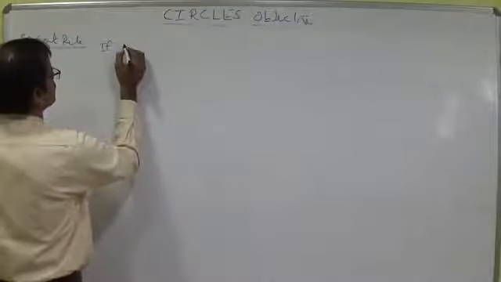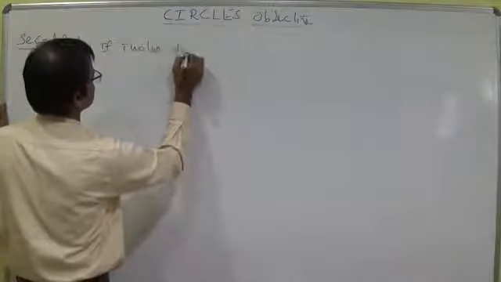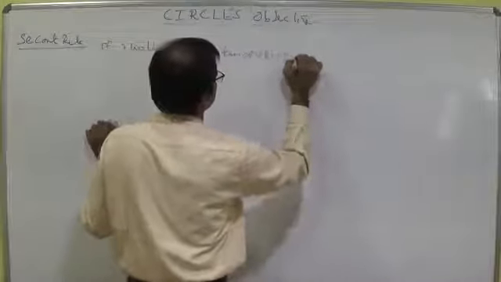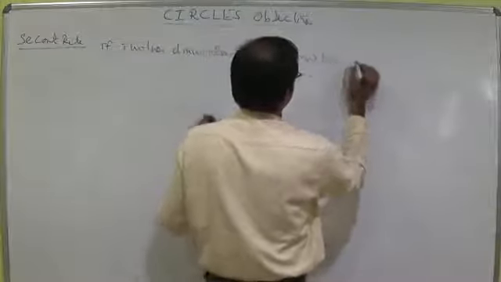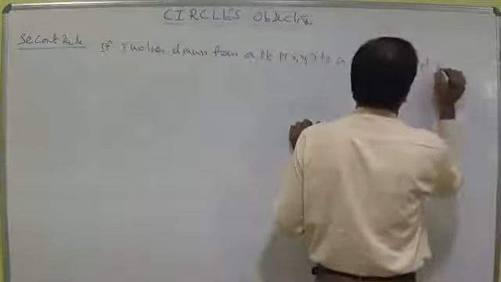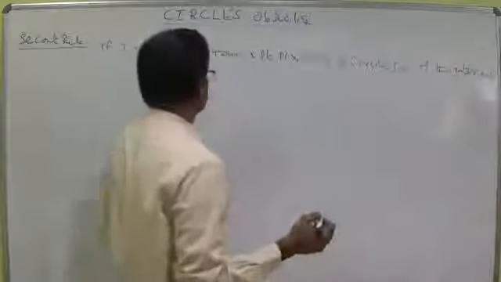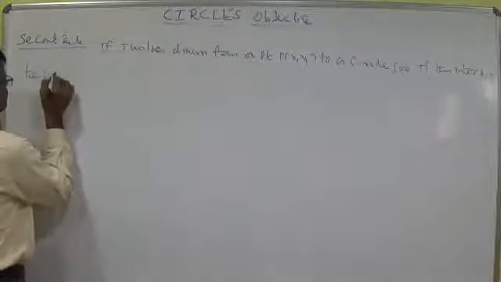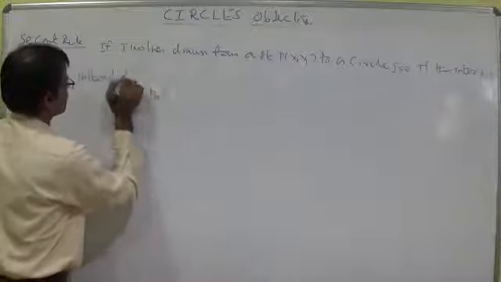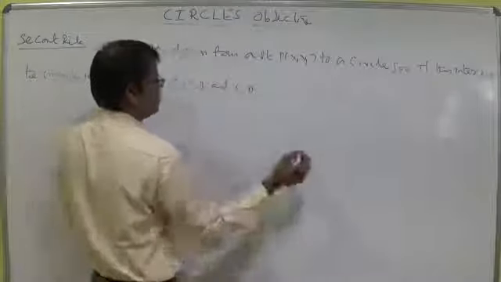If two lines are drawn from a point P(x1, y1) to a circle S equal to 0, and they intersect the circle in two distinct points, A, B and C, D, draw like this.